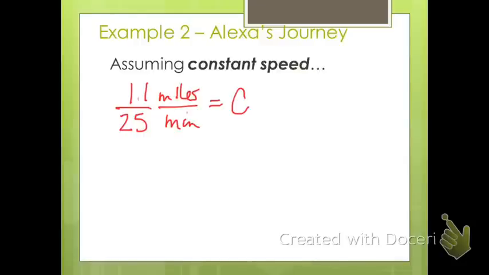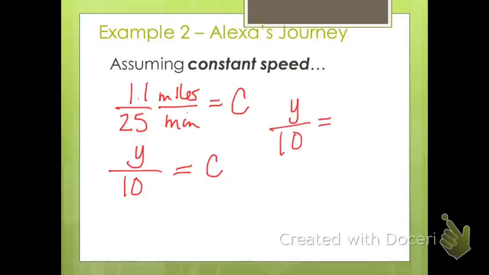And we wanted to know how many miles in 10 minutes, and we would assume that that is the same constant there. So that's why we could write a proportion, like you may have done and like I did in the opening part of this example.